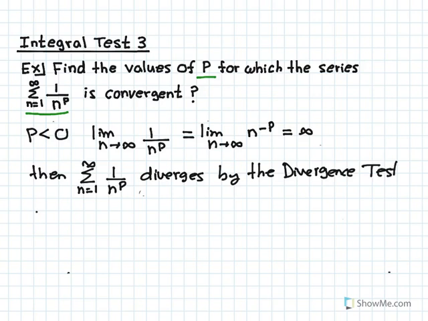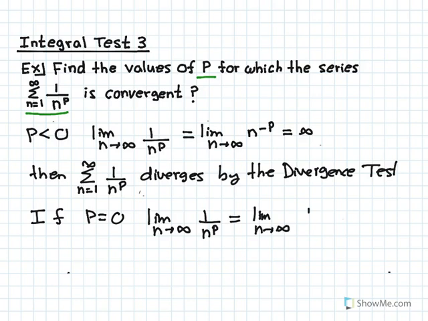Now, let's consider the case if p is equal to 0. If p equals 0, then the limit as n goes to infinity of 1 over n to the p is equal to the limit as n goes to infinity of 1 over n to the 0, which is equal to 1.